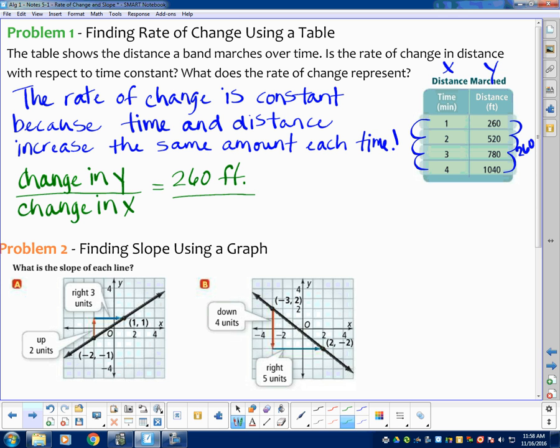And what's the time going up by? 1 minute. So could we say that the band marches 260 feet per minute? Make sure you have this down on your paper.